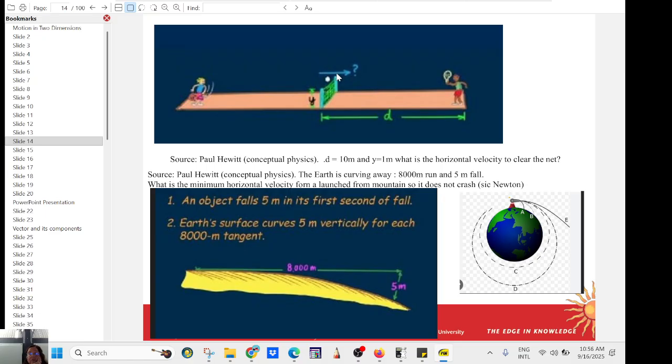So you want to find that horizontal velocity. You know the height of the net, which is 1 meter, and you know that displacement, that distance is 10 meters, and you want to find that velocity here to make sure the tennis ball makes it here.